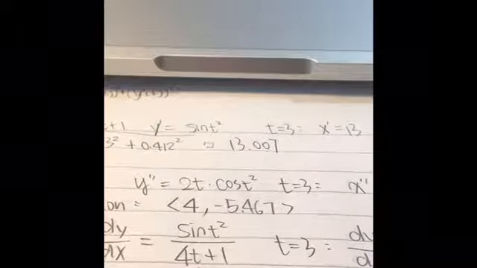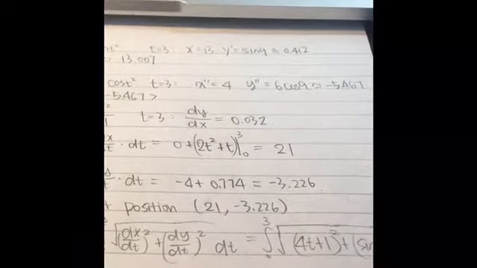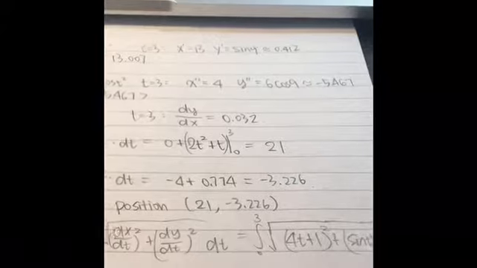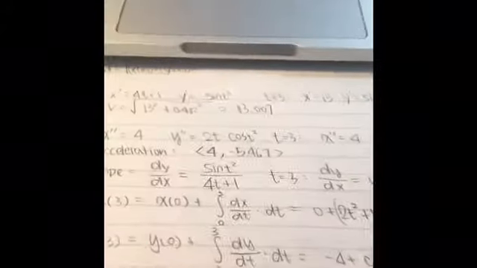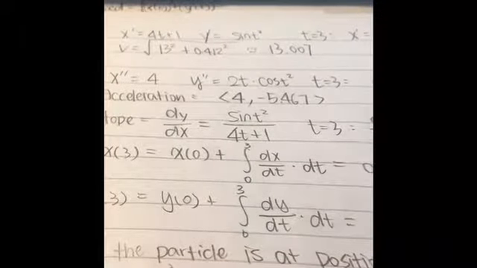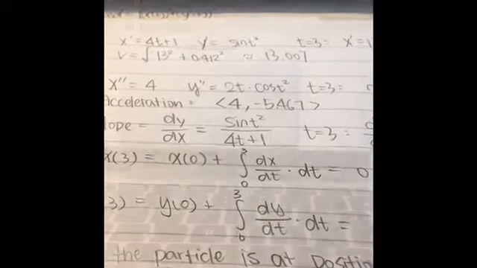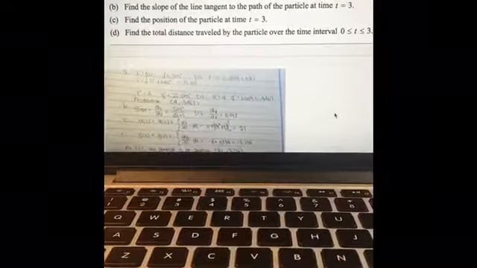And at t equals 3, we use the calculator to find x double prime is 4 and y double prime is negative 5.467. So the acceleration vector is 4, negative 5.467.